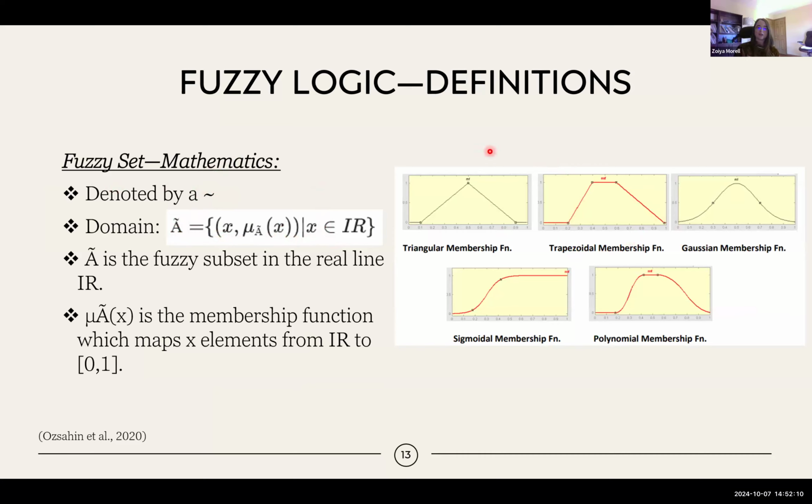Because the fuzzy set might be a term like cute, and the subset would be the range in that linguistic variable cute. Then we also have something really important, which we'll cover more later, called the membership function. This maps X elements from the real line to 0 or 1. So basically it's taking a real object and saying, how fuzzy is it? Where does it fall in this linguistic variable?